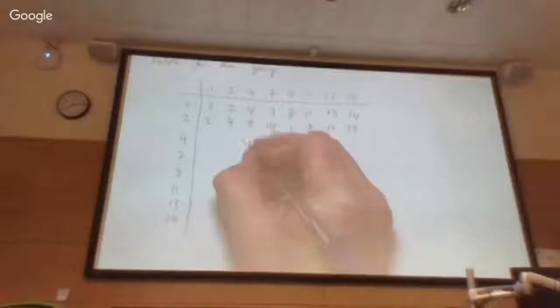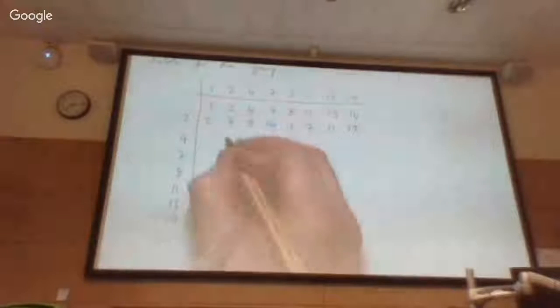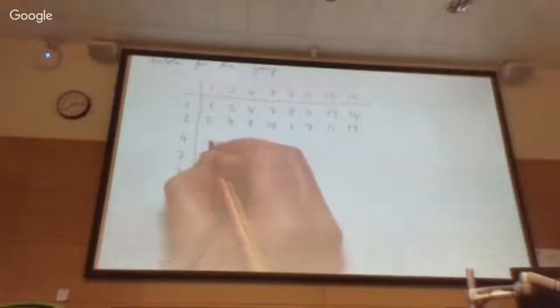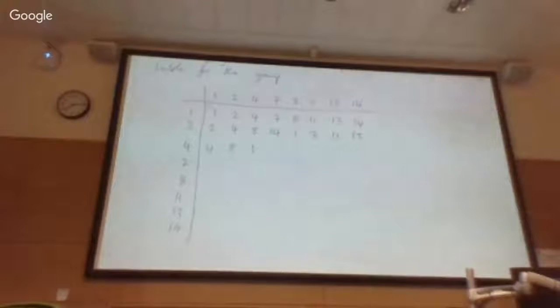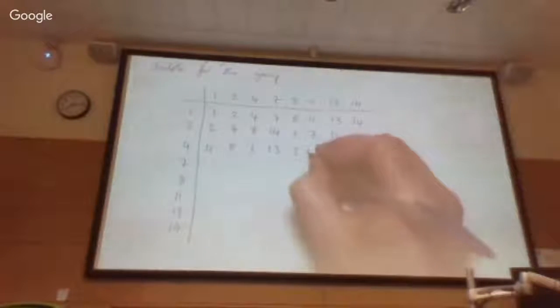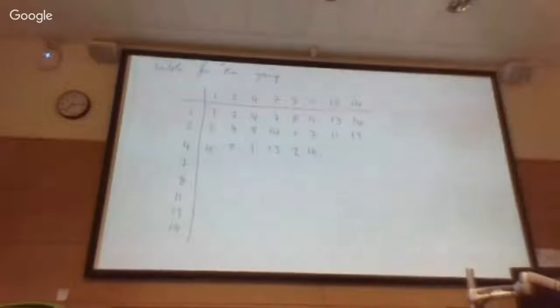So keep going. 4 by 4 is 16, which is congruent to 1. These ones here I should already know. 4 by 1 is 4, and 8. 4 by 7 is 28, which is 13. 4 by 8 is 32, which is 2. 4 by 11 is 44, which is 14. 4 by 13 is 52, which is 7.